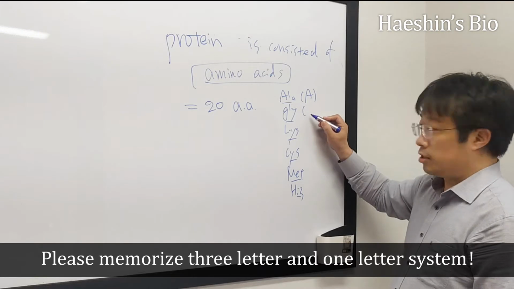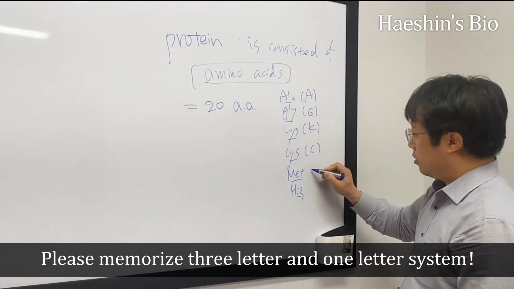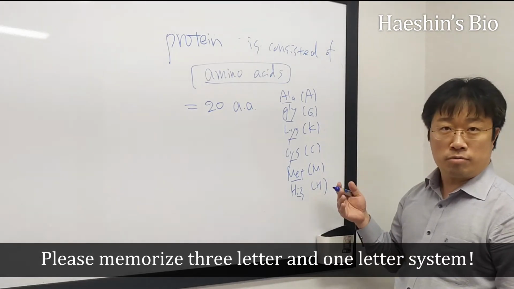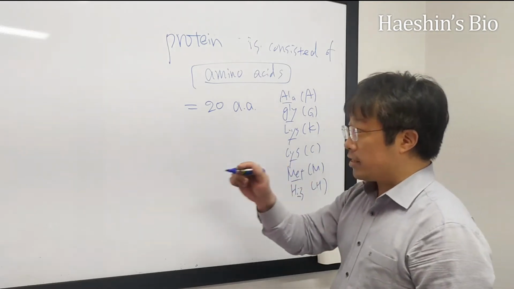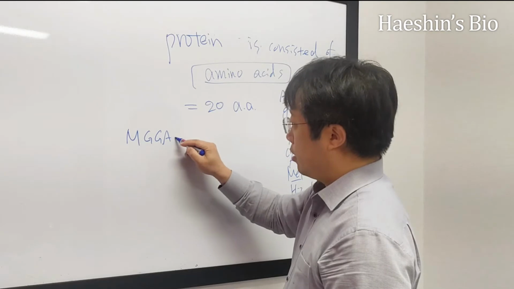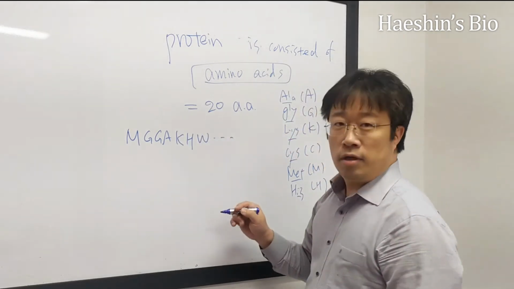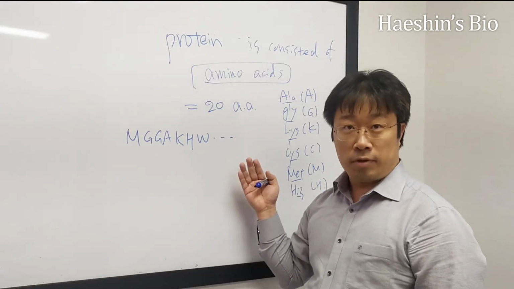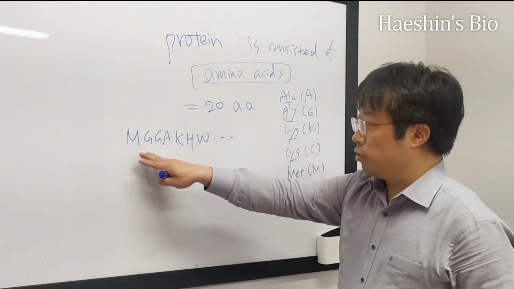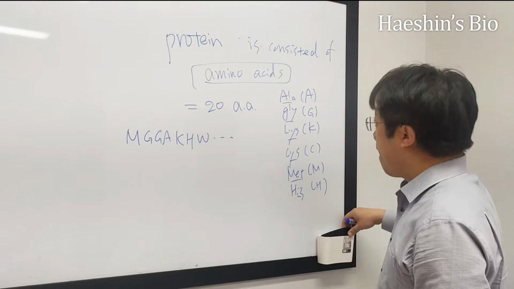There is also a 1-letter system, which is glycine is G, lysine is K, cysteine is C, methionine is M, histidine is H. So the 1-letter system also has to be remembered. So in the midterm, you have, say, methionine, glycine, alanine, lysine, histidine, tryptophan, and we will have the chemistry on this peptide, what is the product of such reactions. So I want you to memorize this 1-letter system of amino acids.